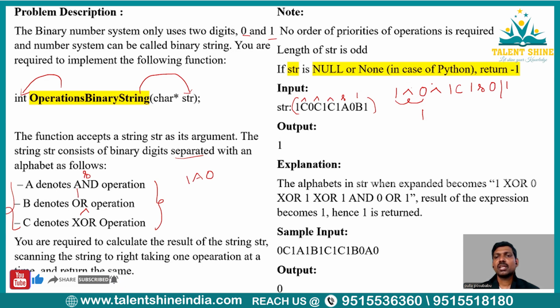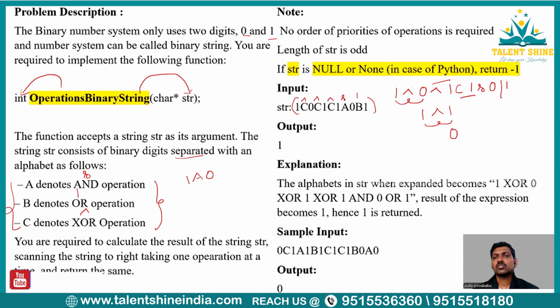Then bring down the next two characters: 1 bitwise XOR 1. Now we have the same inputs, so the result will be 0 as we discussed. If we have different inputs, only then is the output set to 1. In the else case, the output will be 0.